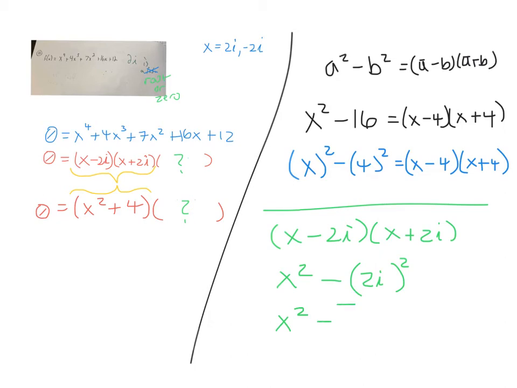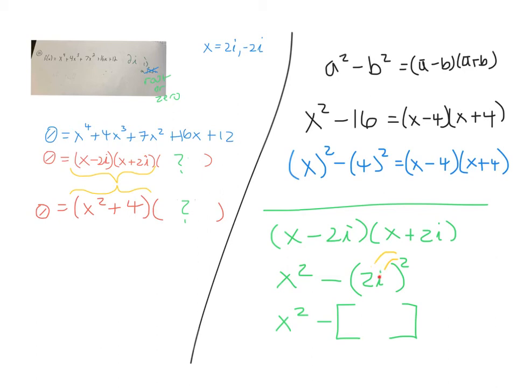And it's going to be minus whatever 2i squared is. But if you think about it, anytime you have a product raised to a power, you could think of distributing this power to there and there. You could think of applying that exponent to both of these numbers.